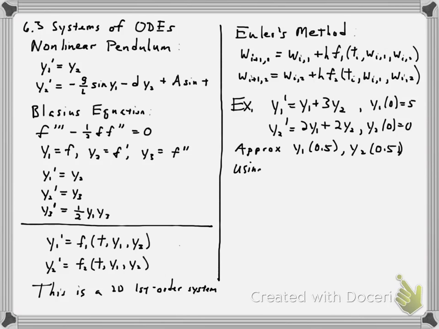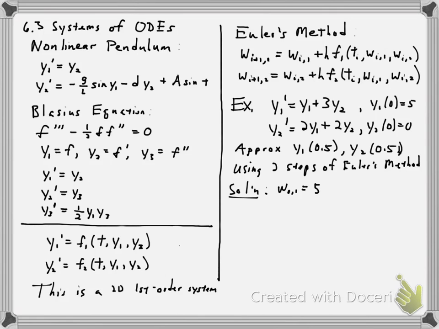Using two steps of Euler's method. So, to get things started, for our solution, w sub 0,1 is equal to 5, if you remember.